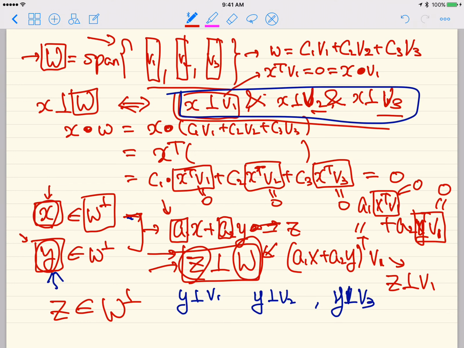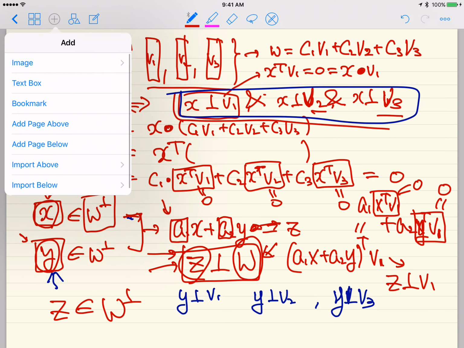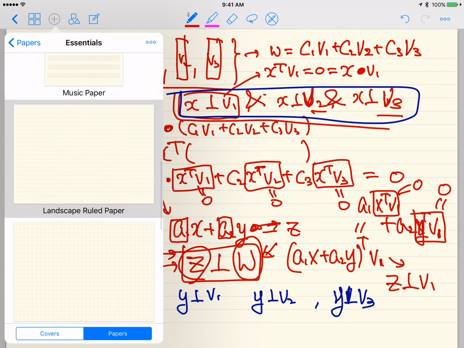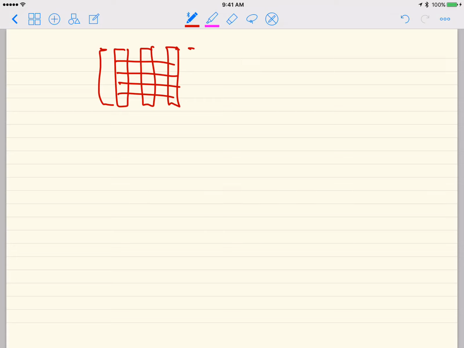Let's think about this example, v1, v2, v3. Suppose your matrix A was like this, and these were v1, v2, and v3.